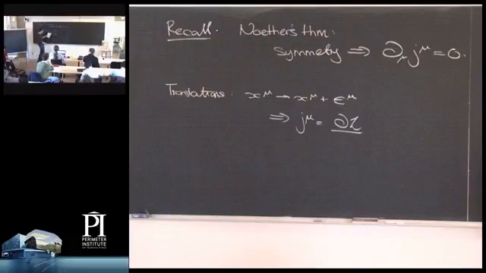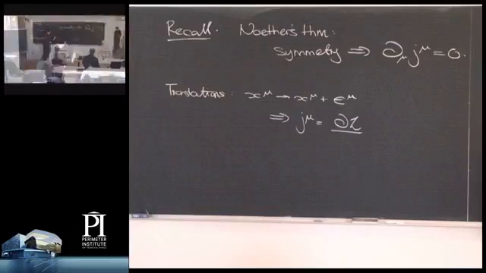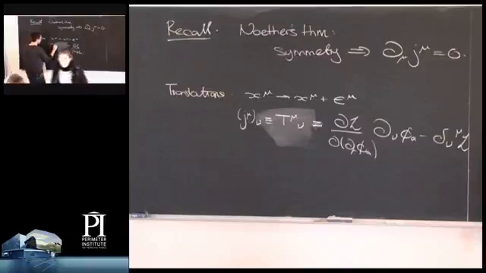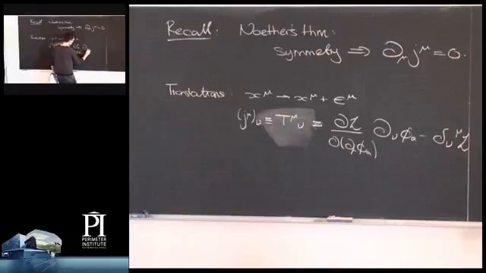So you really know what the current is, in this case, given a Lagrangian. Sorry, my bad. Of course, there's 4 currents because there's 4 symmetries. And these 4 symmetries are usually put together into a tensor, which is called the stress-energy tensor. And this is what we computed in the last lecture.